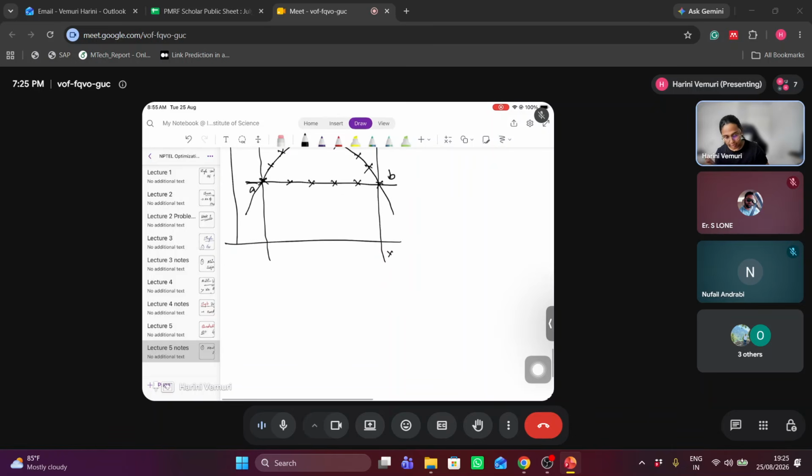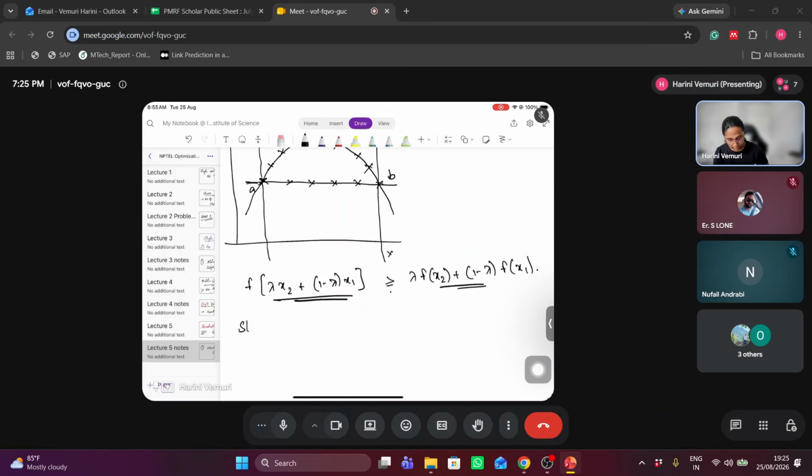That condition is written as f(lambda x2 plus (1 minus lambda) x1) is greater than or equal to lambda f(x2) plus (1 minus lambda) f(x1). So the function values are always greater than or equal to the values on the line joining x1 and x2.